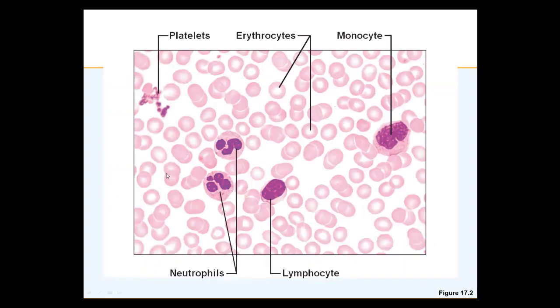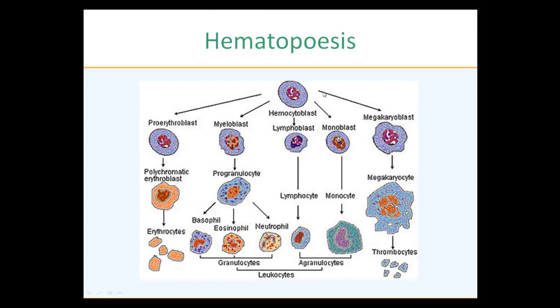Now, where all these blood cells or blood fragments are coming from? Well, they all originate from the same stem cell.